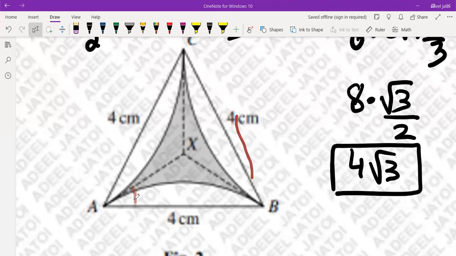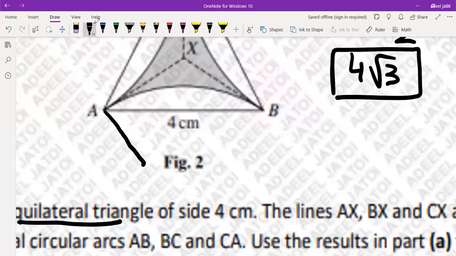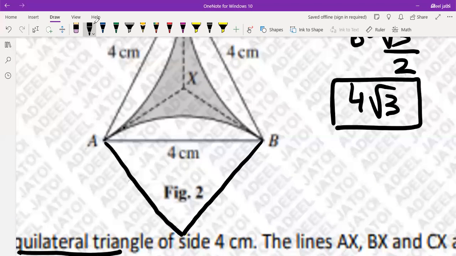Previously, if you note, this was a sector, and this was alpha. That means your alpha is 1 upon 6 pi.